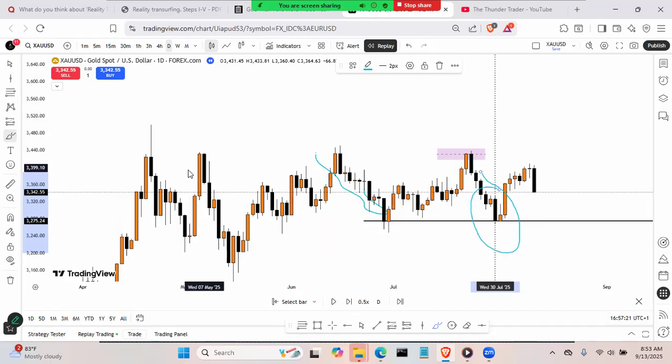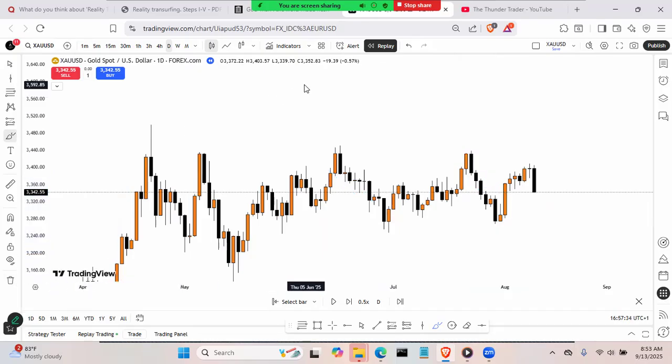Now, I've not spoken about liquidity yet. I think the reason is because, myself personally, I don't pay attention to liquidity. Like, when I say I don't pay attention, it's more like I don't disturb myself about it. It's there.